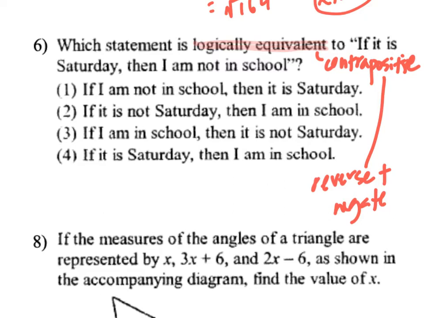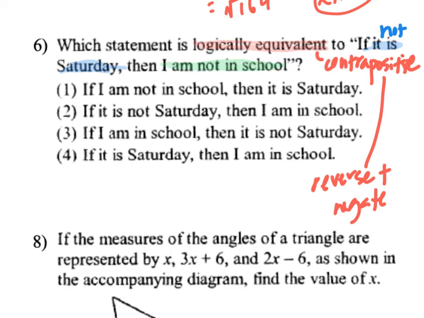So my first statement, right, my first phrase is, let me highlight this in a different color, if it is Saturday, right? So I know that I need to negate this to give me if it is not Saturday. And then my second statement, then I am not in school, right? So I need to negate this.